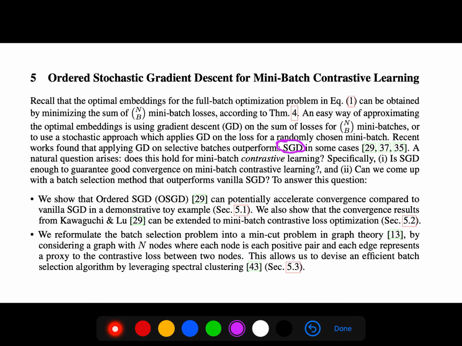Then they reformulate the batch selection problem into a min-cut problem, which I've explained in a playlist for approximation algorithms in graph theory. So by considering a graph with n nodes where each node is a positive pair and each edge represents a proxy to the contrastive loss between two nodes, this allows us to devise an efficient batch selection algorithm by leveraging spectral clustering.